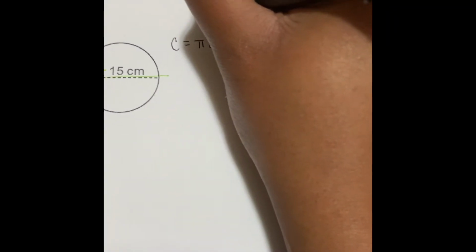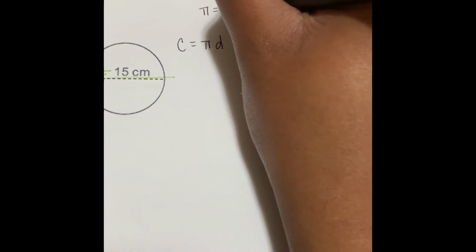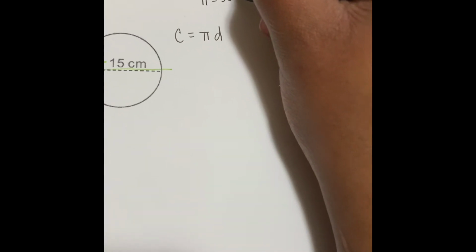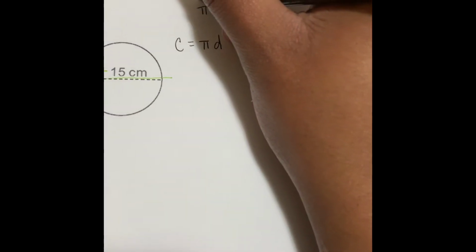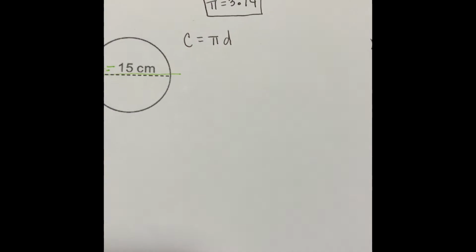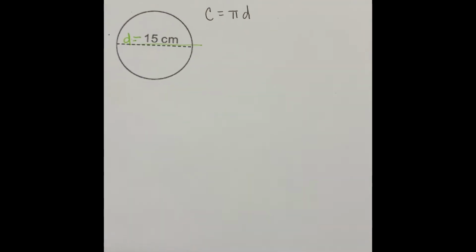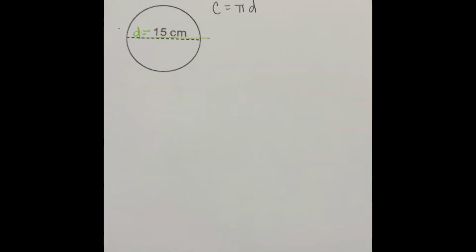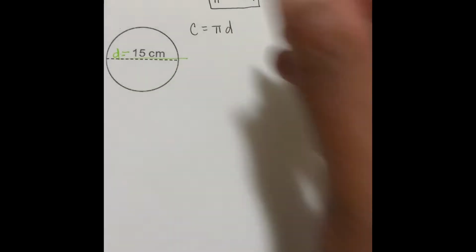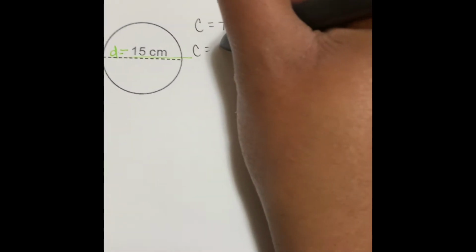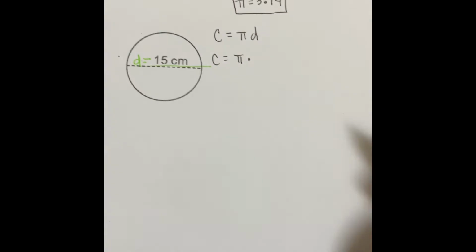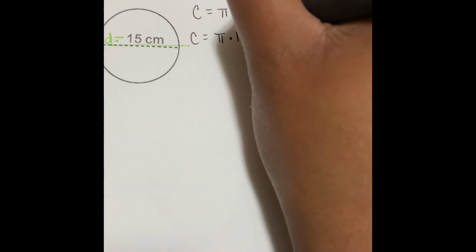Okay, pi can also be, if I don't want to use the symbol and you're using a calculator, I can also say pi is equal to 3.14. Okay, so circumference is equal to pi times the diameter, which is 15.